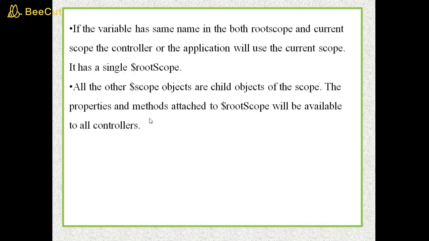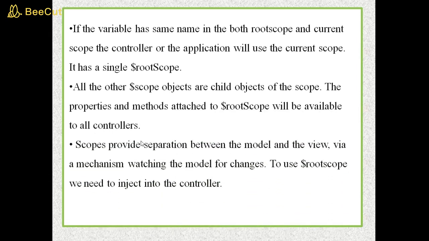The properties and methods attached to $rootScope will be available to all controllers. Scopes provide separation between the model and the view via a mechanism of watching the model for changes. To use $rootScope, we need to inject it into the controller.